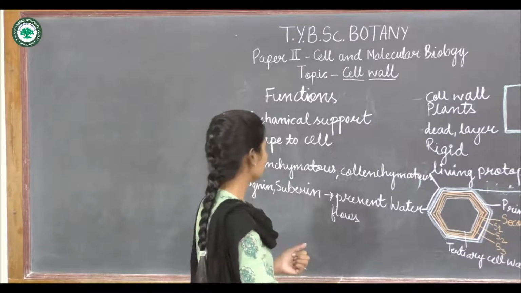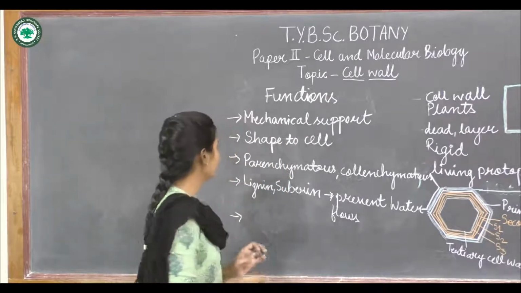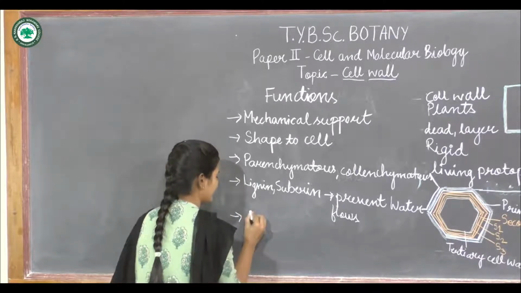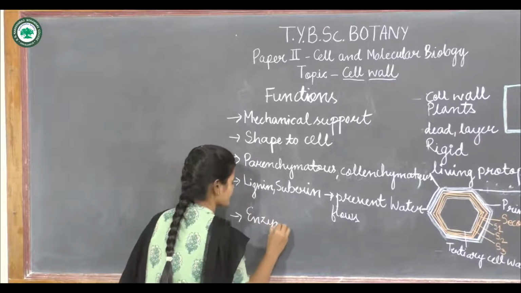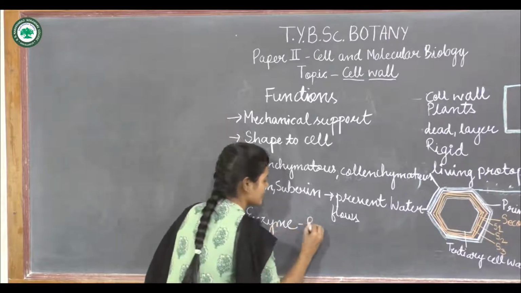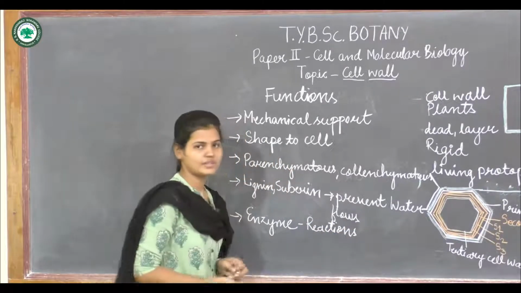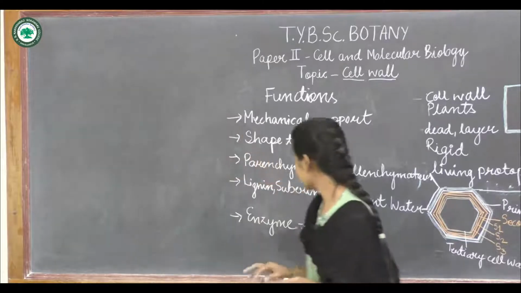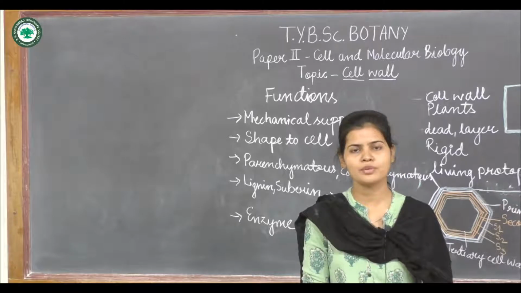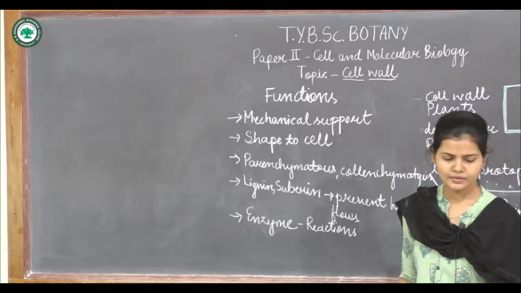Now this cell wall also has a function as a site for different enzymes. So all the enzymatic reactions will occur in the cell wall. There are different glycoproteins, that is the enzymes, which are present on the cell wall. So they will do the different enzymatic functions.